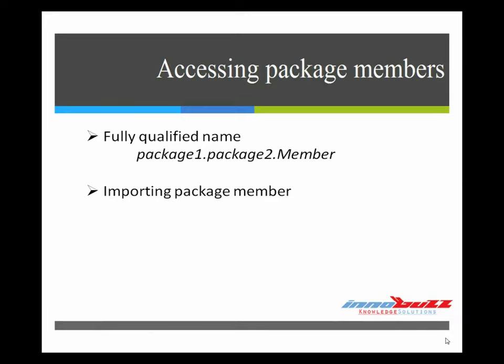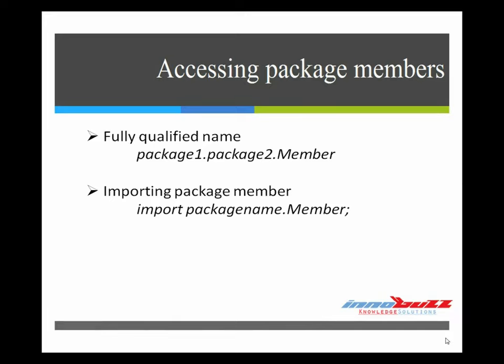This way we put an import statement at the beginning of the file after the package declaration. So the package declaration is the first line, and right after it come the import statements, which look like this: import package name dot and member.